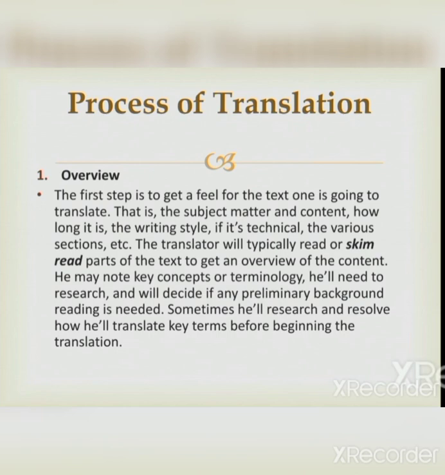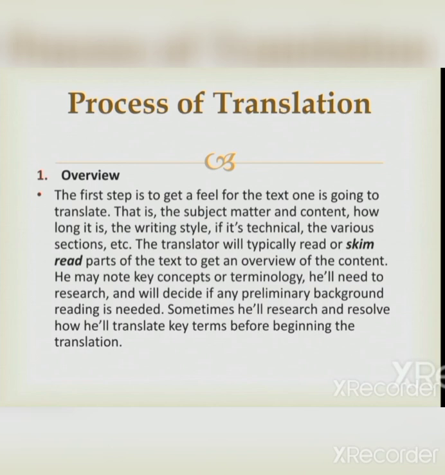Here I'll tell you how we have to do an overview of a language translation. The first step is to get a feel for the text one is going to translate. That is the subject matter and content, how long it is, the writing style, if it's technical, the various sections, etc. The translator will typically read or skim read parts of the text to get an overview of the content.